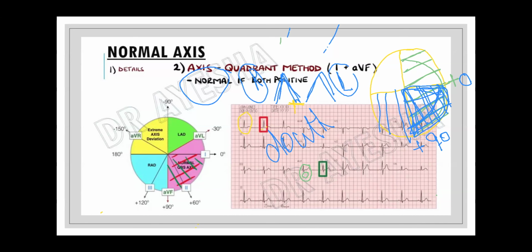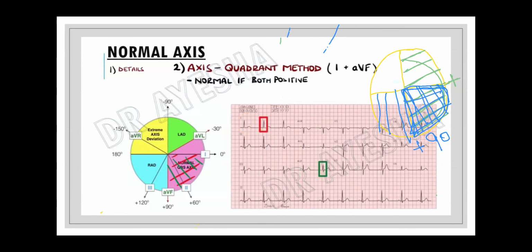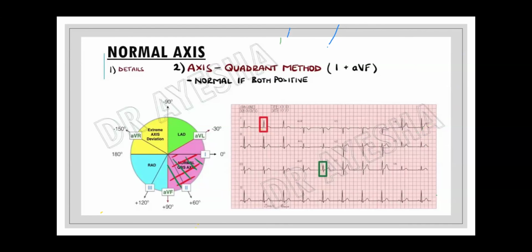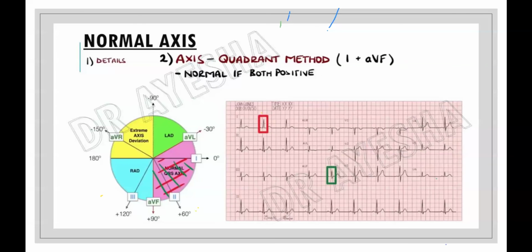Okay, it's the normal axis. Is this clear to everyone? Clear or not? Very good, Sumbal. Okay, thank you for commenting.